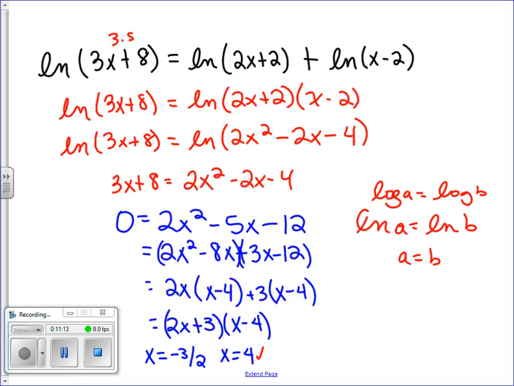See, I can't even put it in the calculator. And that is, no, because that's negative 4.5. That's not going to equal each other. So this one does not work. Negative 4. Okay.